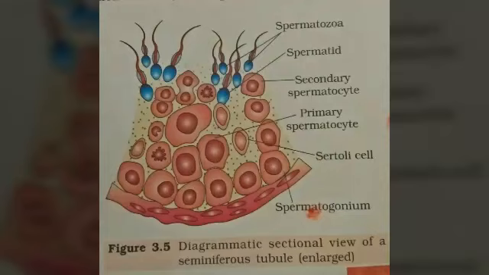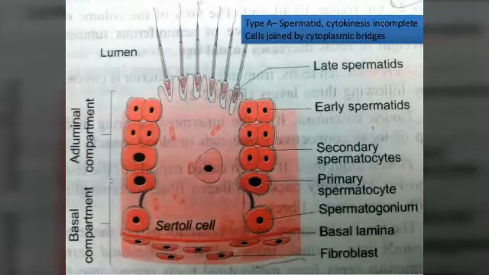Spermatozoa means developed sperm. They are embedded with the Sertoli cells. They attach to the Sertoli cells and take nutrition from them. So this is the diagram of sperms, which also represents the same thing.